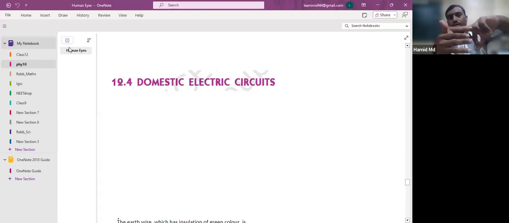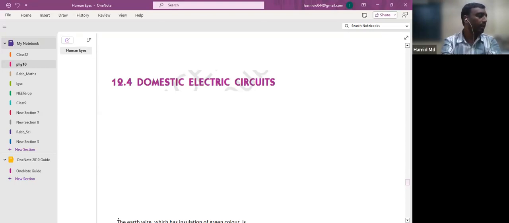So it says basically, if this center finger is along the current, and the magnetic field was upside down, then the thumb will show you the direction of force. That's the Fleming rule. Clear?